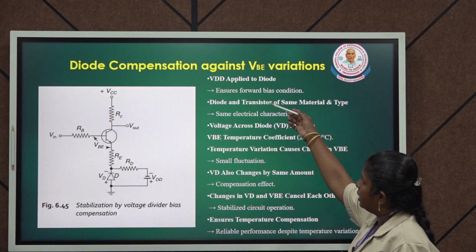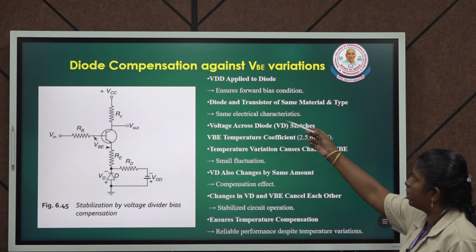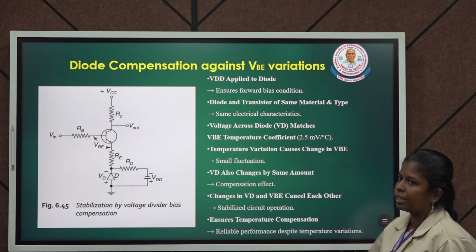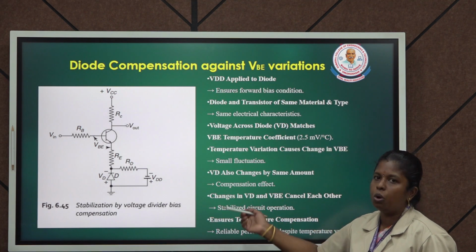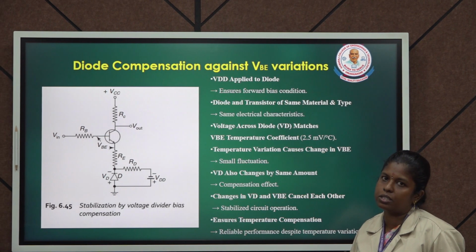VDD is applied to the diode, which ensures a forward bias condition. The diode and transistor of the same material are chosen, and the same electrical characteristics of the two cancel each other, so the temperature variations are nullified.